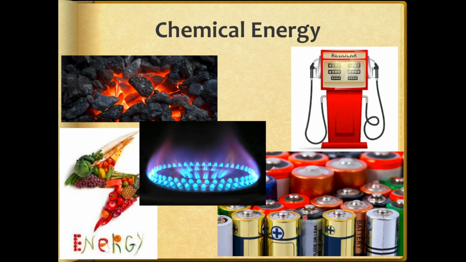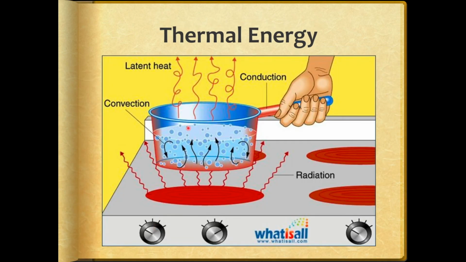There's also chemical energy in these batteries, and it's converted to electrical energy. We will hopefully get a chance to talk about that at the end of the year. Now, your food does the same thing as well. It's chemical energy.